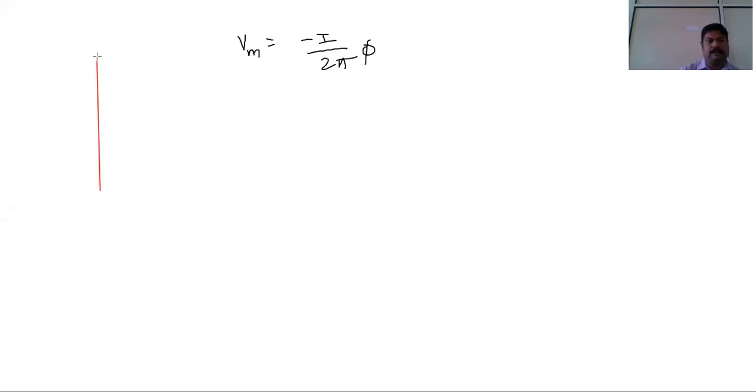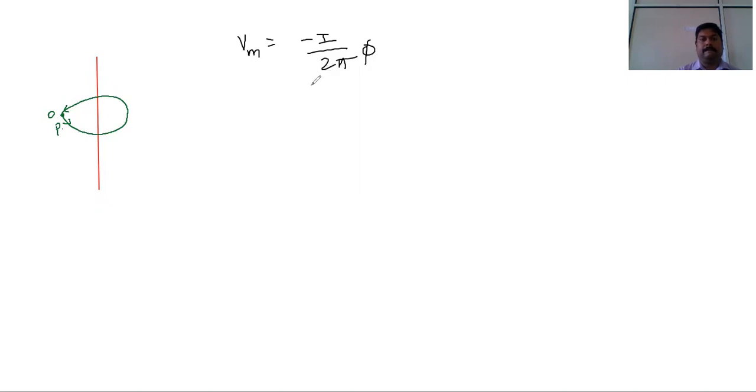I start from a point P somewhere here. I traverse around like this and I come back to the same point. So start from P, start with 0 angle, I come back at the same angle.